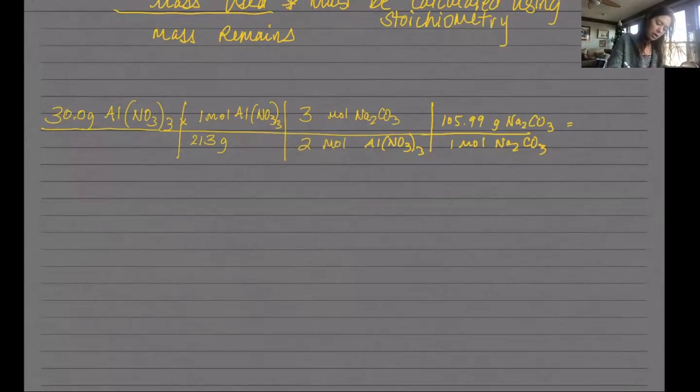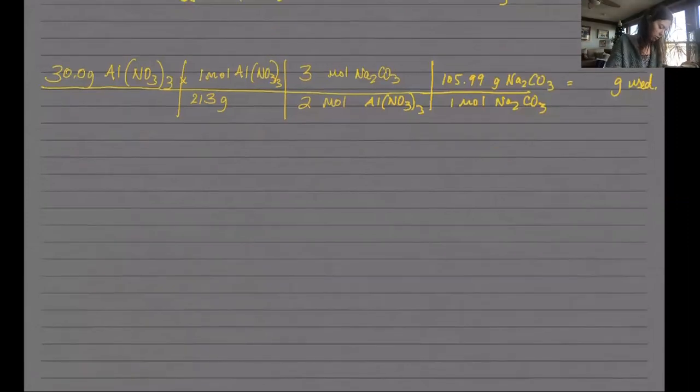This is going to give us the grams used, not what remains, how much was used. We've got 30 times 3 times 105.99, divided by 213 times 2, close parentheses, equals. I've got 22.4 grams of Na2CO3 reacted.